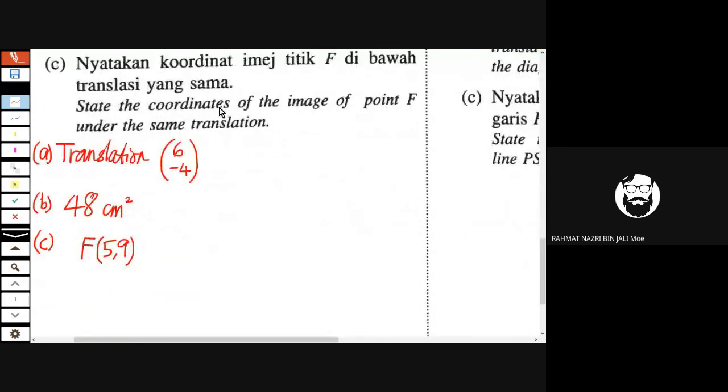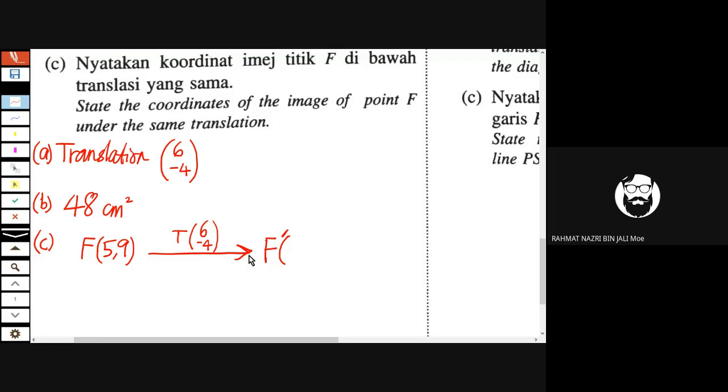And then it will translate. Saya buat arrow lah. Translate under the translation 6, -4. Kita akan dapat F prime. Okay, saya akan tunjuk dulu calculation.